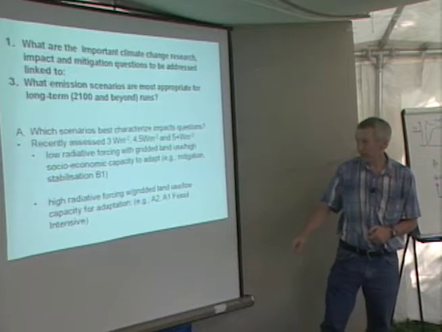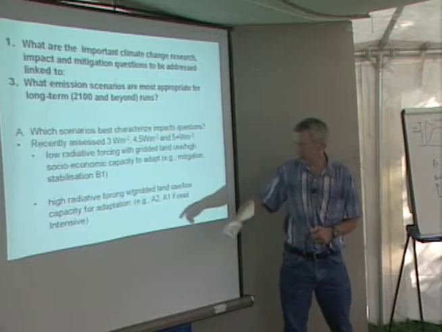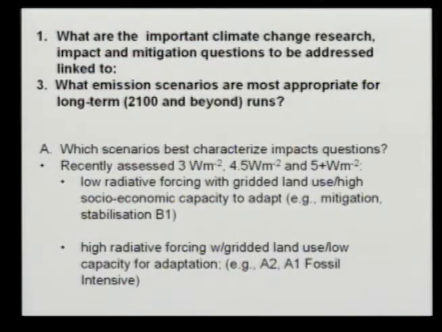And then we would also recommend a high radiative forcing one, again with the gridded land use. It would assume a low capacity for adaptation, and would be something like an A2 or an A1FI. Well, the adaptation is somewhat independent of the scenario. But it's not independent of the drivers of the scenario.